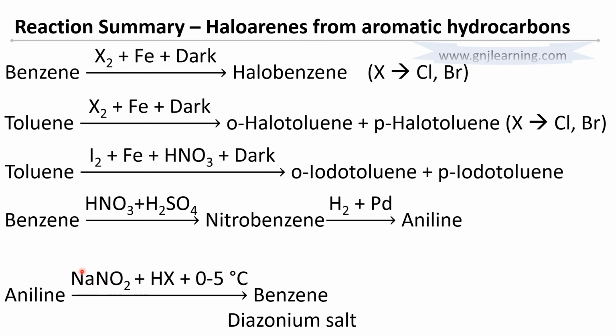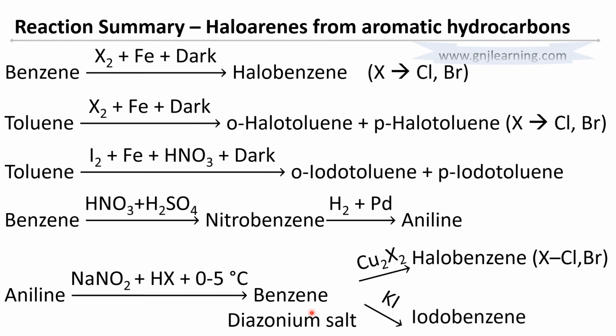So you'll get benzene diazonium chloride, the diazonium salt, and this diazonium salt is treated with Cu2X2 to get either chlorobenzene or bromobenzene, or you can treat it with potassium iodide to get iodobenzene. So these are the reactions which we learned in this part. Study well. Always try to write and study. Okay, thank you.